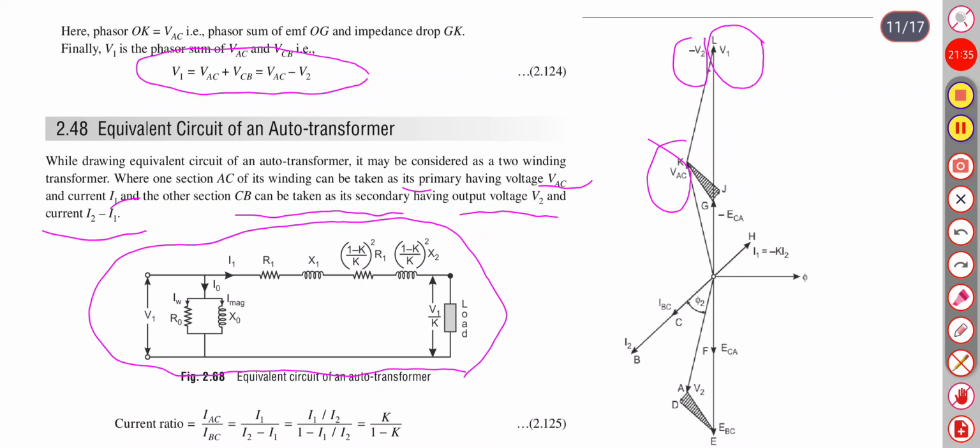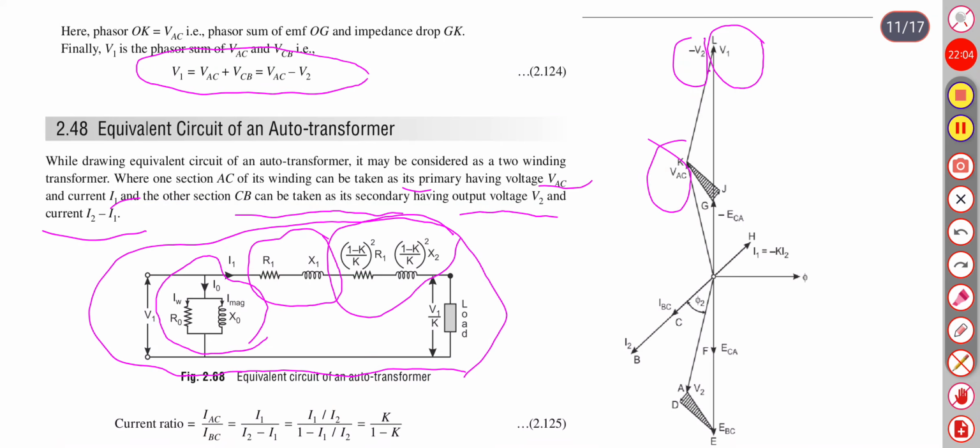It is just similar to our previous circuit of a single phase transformer, but here the mutual inductance and resistance are both taken at the left side, and this is the primary winding resistance and inductance, and this is the secondary winding.